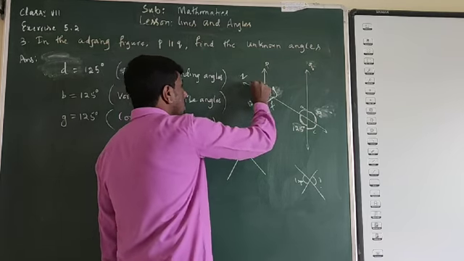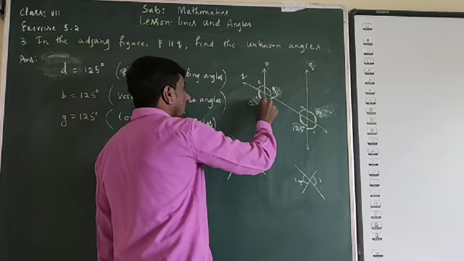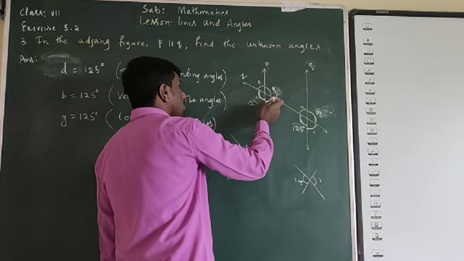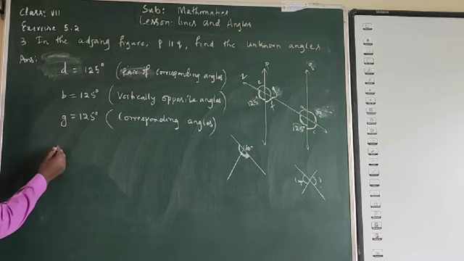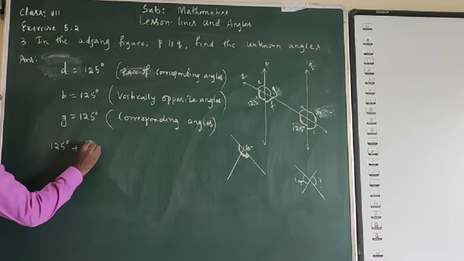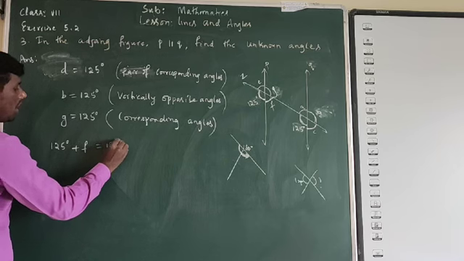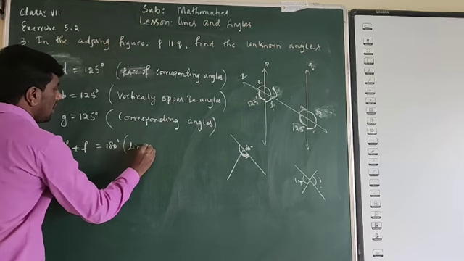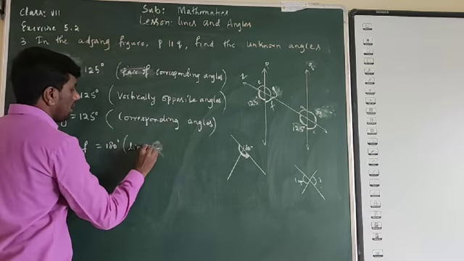The same way, this is a line, the transversal line. This is a ray. The sum of this and this must be 180 degrees. We'll write that 125 plus F is equal to 180 degrees. The reason is linear pair of angles.